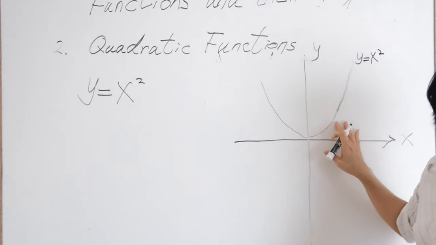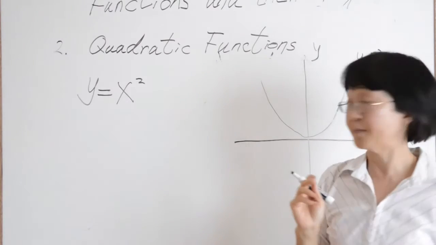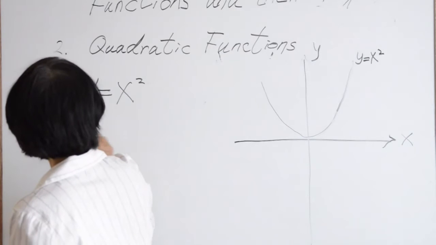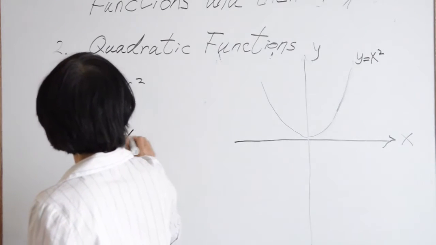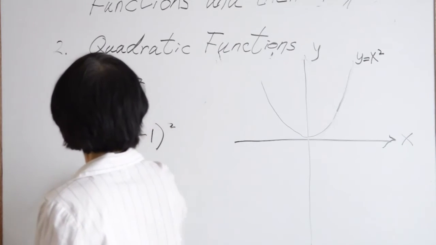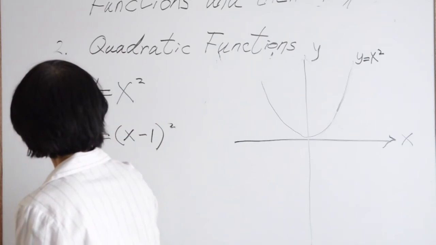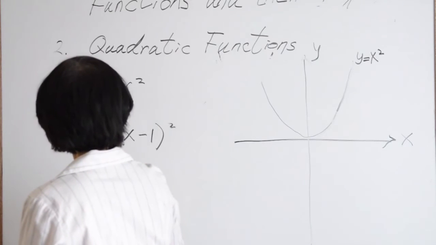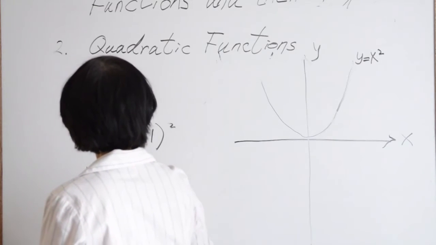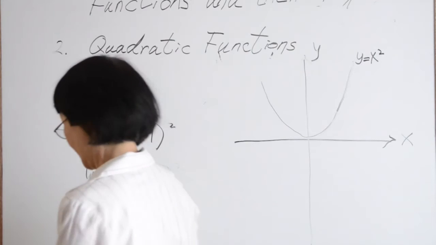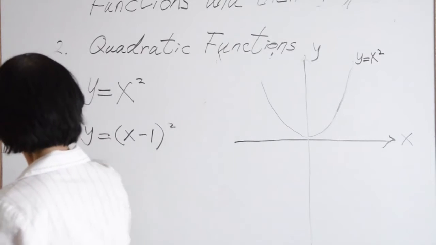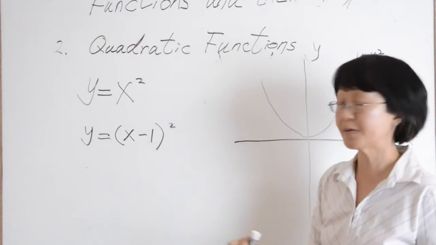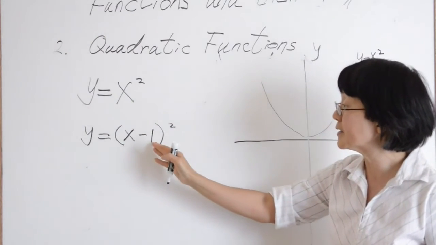This is the original graph, y = x squared. If I want to move horizontally, let's do this one first: y = (x - 1) squared.